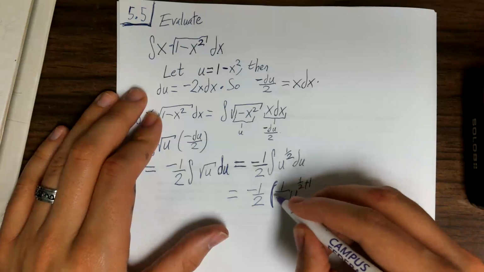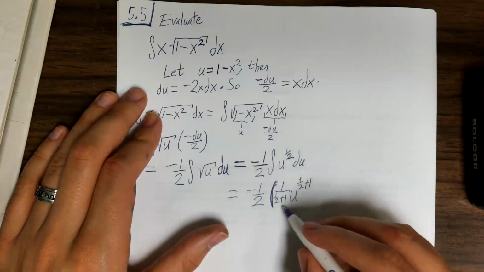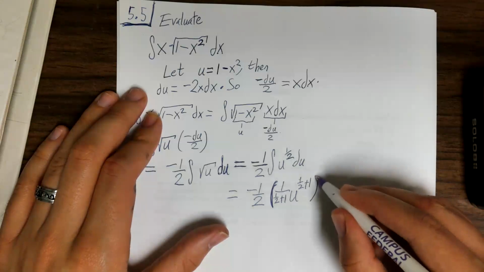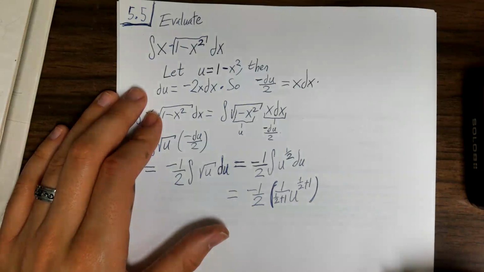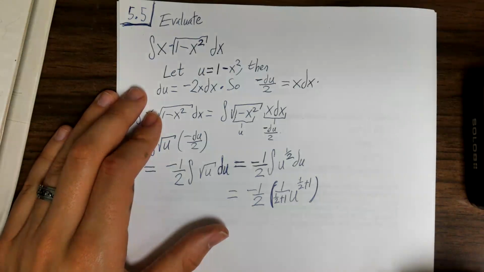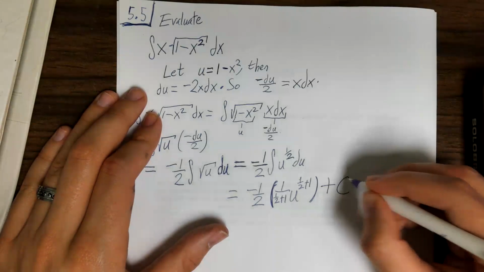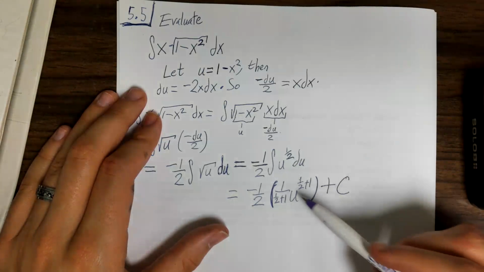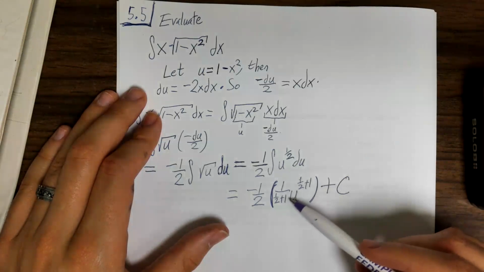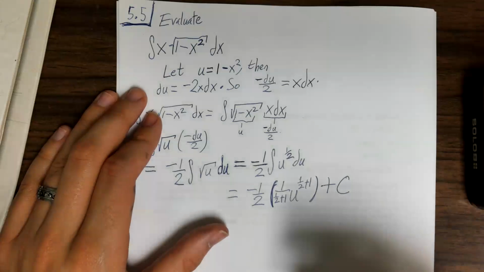And we'll have to divide by this new exponent as well. And remember, because it's an indefinite integral, we're talking about the most general antiderivative here. So we have to add the constant c, because a specific antiderivative could be this function plus any given constant, since it'll go away when we differentiate.